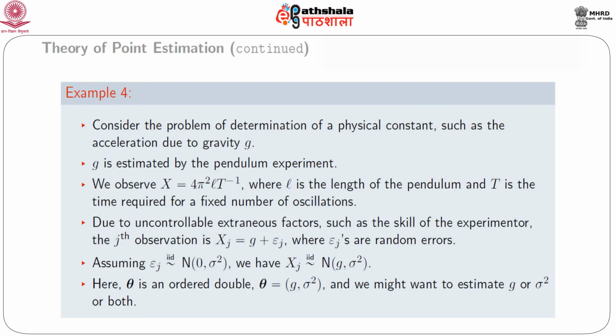Assuming epsilon j follows normal distribution with mean 0 and variance sigma square, then xj's are IID normal random variables with mean g and variance sigma square. Here theta curl is an ordered double, that is, a vector with two elements g and sigma square, and we might want to estimate g or sigma square or both.